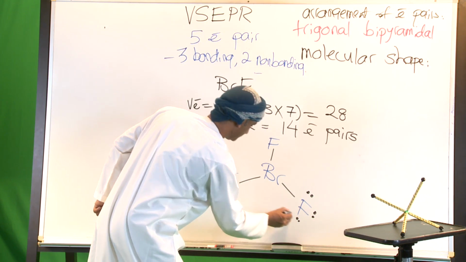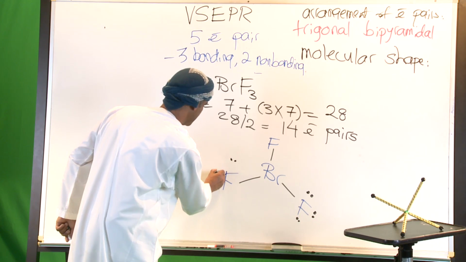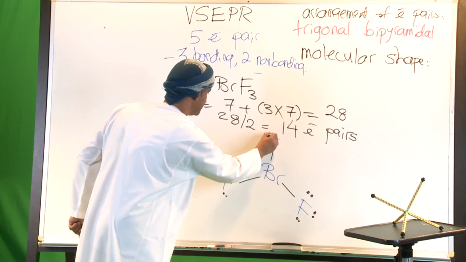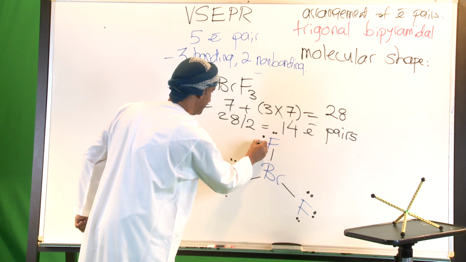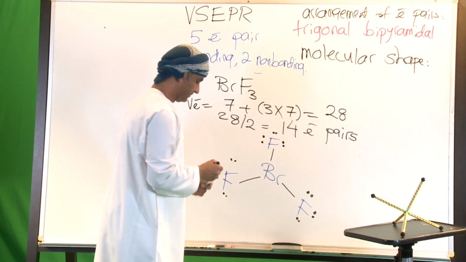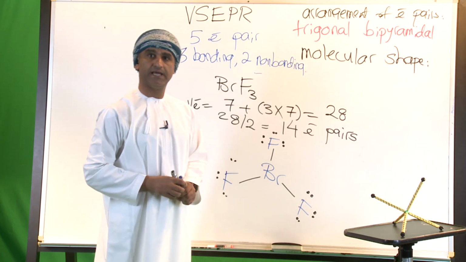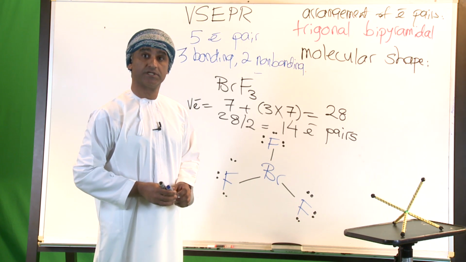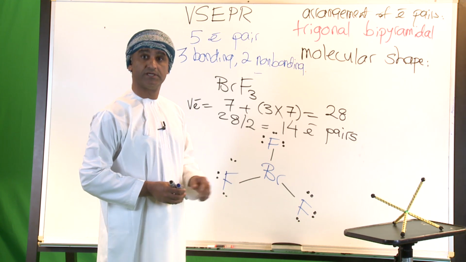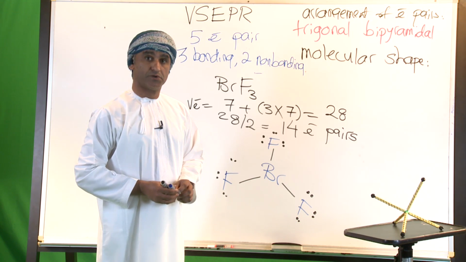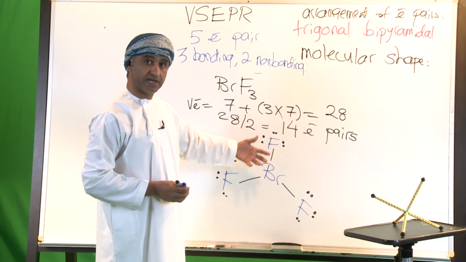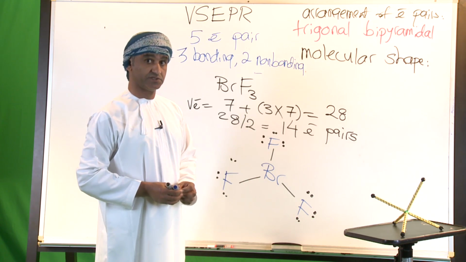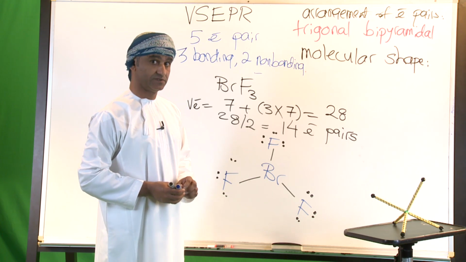So that's 6 on that fluorine, 6 here, and 6 on the third fluorine atom. And now each of these surrounding fluorine atoms is surrounded by 8 electrons, and that's in accordance with the octet rule.